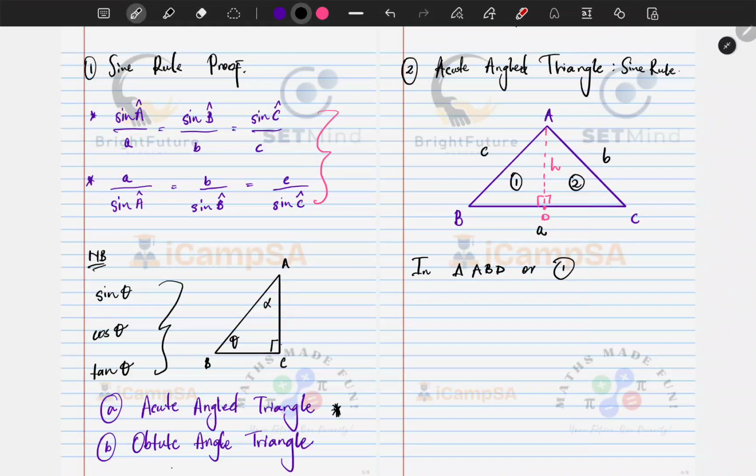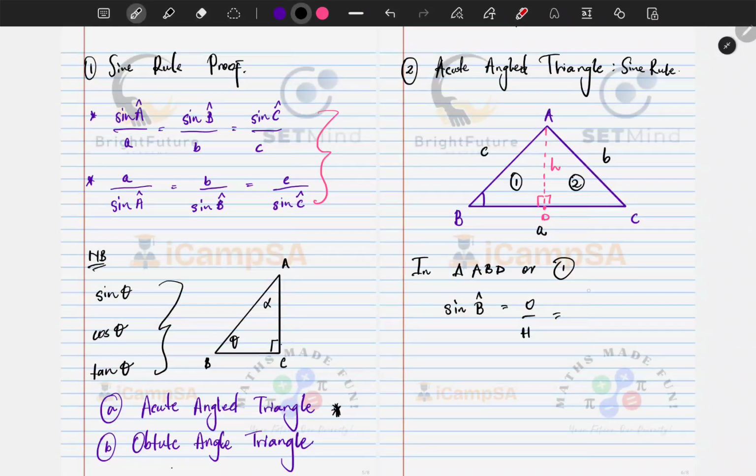Now remember it's the sine rule, so I'm going to use the sine trigonometric ratio. So I'm going to say sine of angle B equals, remember from sine, opposite over hypotenuse.